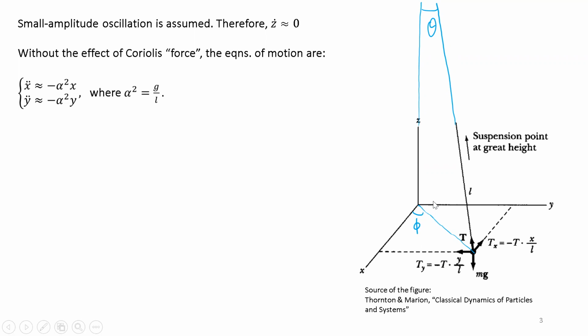But what you could expect is that if theta is small, then the change of height of this mass as it swings will be very small. So I'm really approximating it as a two-dimensional problem. Although when this mass is out here or here, there's a small height difference, I neglect that. So I'm just considering the XY plane.